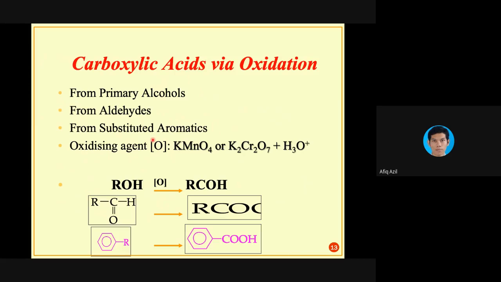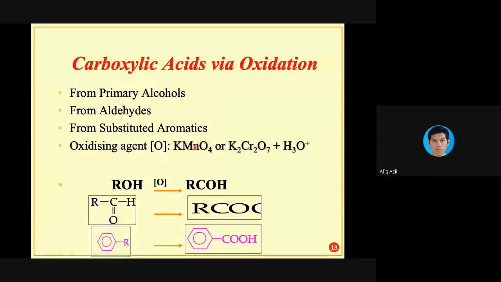The symbol is here in the square bracket which has oxygen in the middle, and this oxidizing agent basically you can use potassium permanganate, KMnO4, or potassium chromate, K2Cr2O7. Either one of these. So you can oxidize either primary alcohols, aldehydes, or also substituted aromatics.